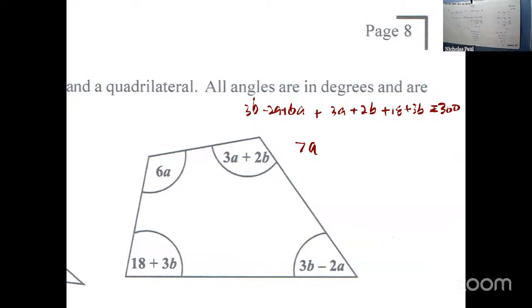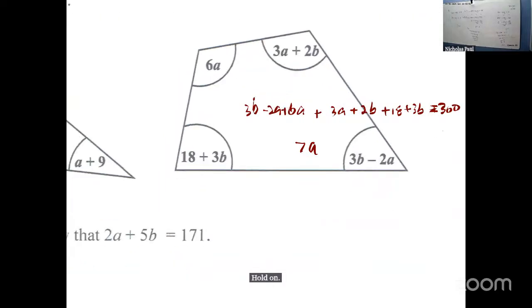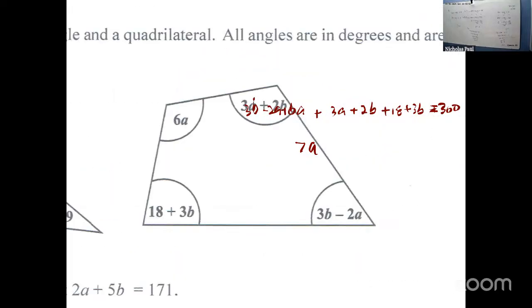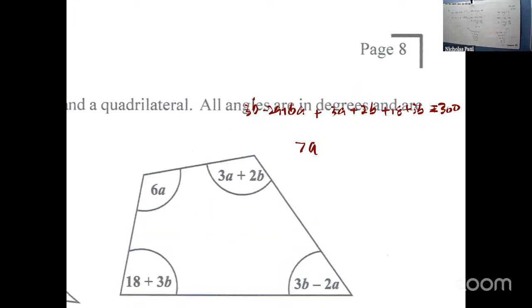Hold on. That's 3B, 3, 4, 5, 6, 7, 8. Eight B. And we have 4, 5, 6, 7, 8.